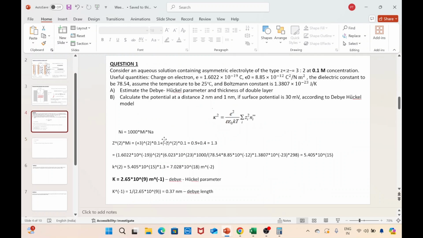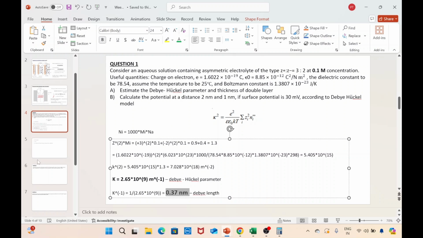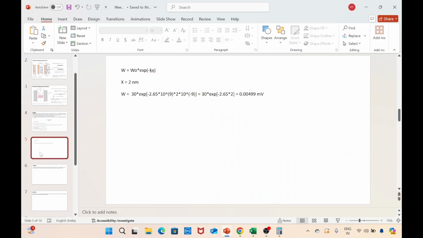Our Debye length is 0.37 nanometers, but we were asked to calculate the potential at 2 nanometers.